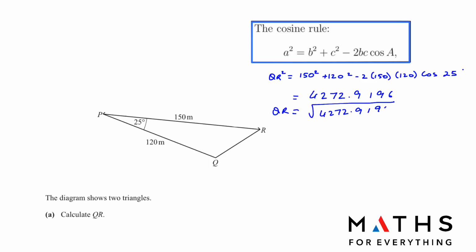If you put more digits after the decimal, you will get a more accurate answer. And this will give us 65.367. Now you can round it to one decimal. So 65.4 meters.